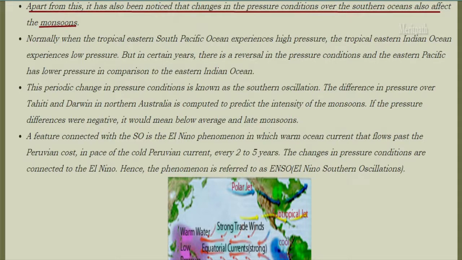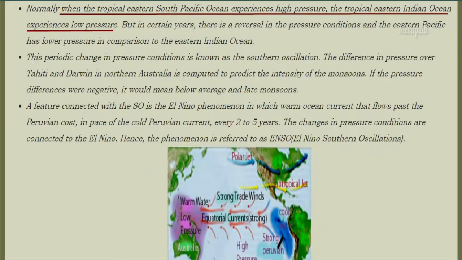Apart from all these, changes in the pressure conditions over the southern ocean also affect the monsoons. When the tropical eastern South Pacific Ocean experiences high pressure, the tropical eastern Indian Ocean experiences low pressure. But in certain years, there is a reversal in pressure conditions. The eastern Pacific has low pressure compared to the eastern Indian Ocean.